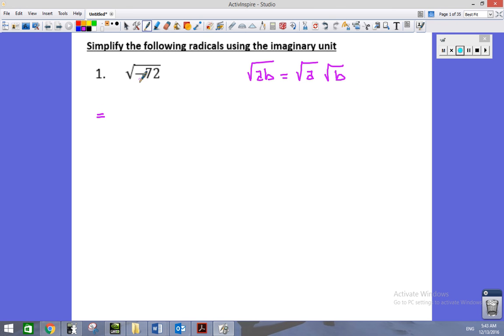So if we see the square root of negative 72 and 72, the largest perfect square that divides 72 is 36. So we have 6i radical 2.